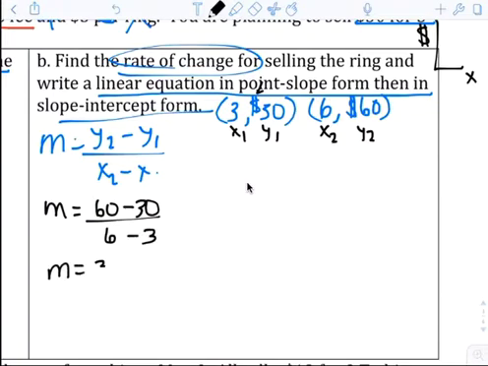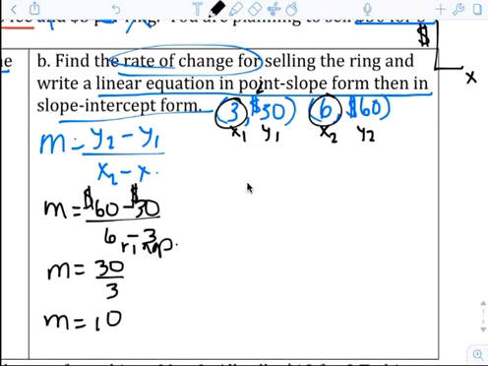M equals 30 over 3. M equals $10. These are the dollars, $30, $60, and these are the number of rings. So $10 for each ring. Find the rate of change for selling the rings. So the rate of change is $10 per ring.